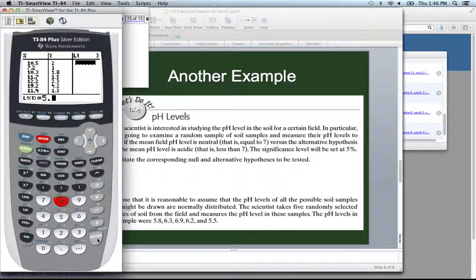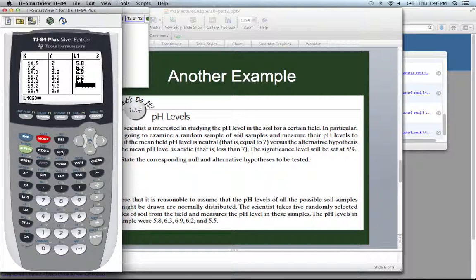We've got 5.8, 6.3, 6.9, 6.2, and 5.5. So there's the data.